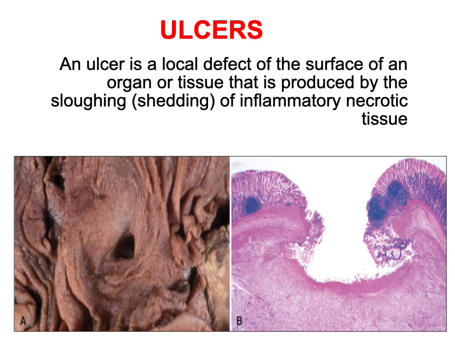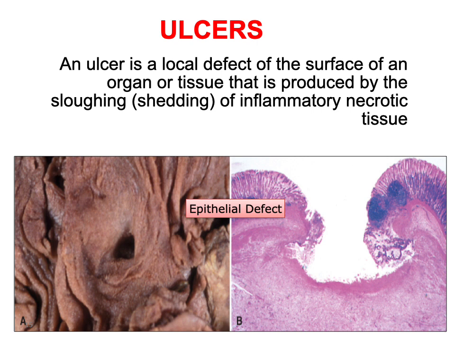Now, an ulcer is a local excavation of the surface of an organ. If it is full thickness, as you can see here, then it is known as an ulceration. But if it is not full thickness, you call this an erosion.